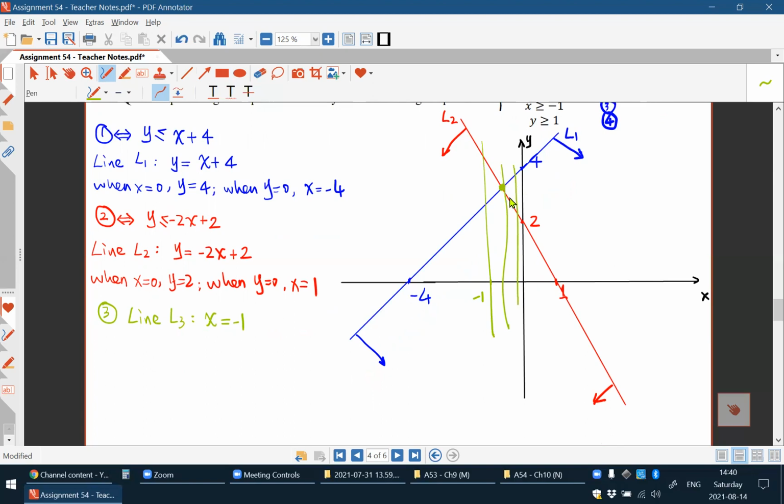You need to check whether the intersection between L1 and L2 is to the left or to the right, or is on line 3, right? Okay, so let's call this point P. Okay, so we need to check point P to the left or right, or exactly on line L3.